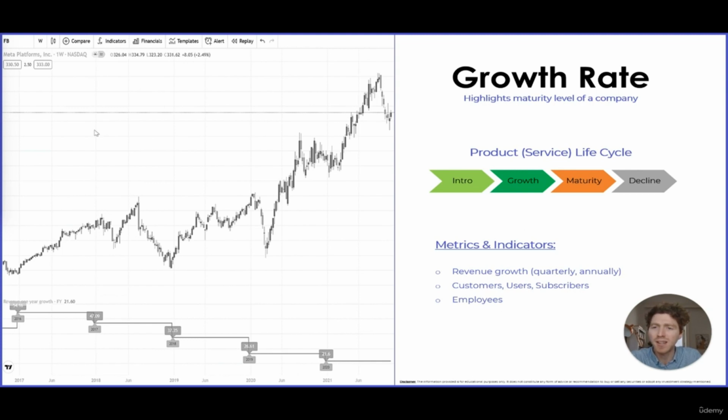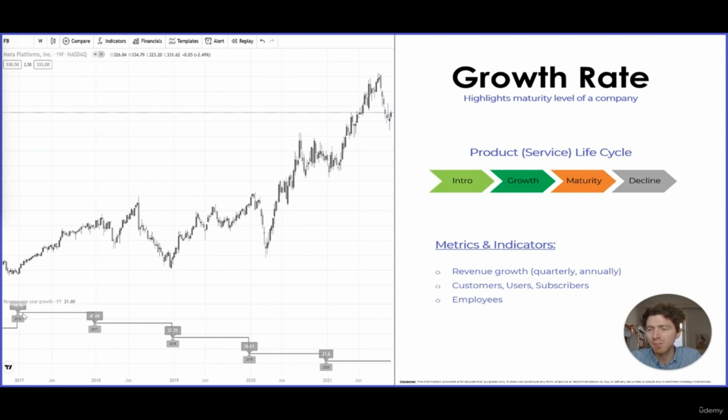Here on the left side, I show you Facebook, now called Meta, whose stock price since 2017 has been rising until today, while their revenue growth on an annual basis was actually declining. So what you can see here is that the high growth phase of Facebook seems to be over, despite them still having a very solid growth rate in the double digits.